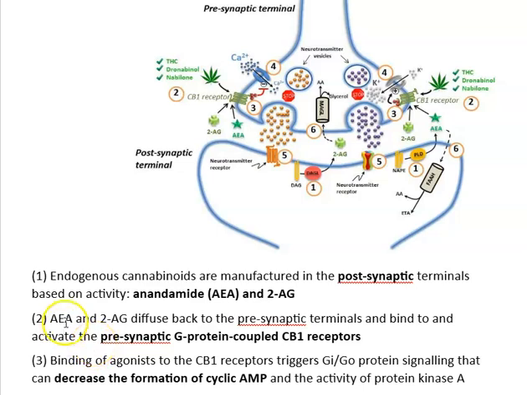They're going to bind these CB1 receptors, and they're going to do a few different things. After they're made, they diffuse back to that presynaptic terminal, and they're going to bind and activate the CB1 receptors, which are G protein coupled receptors. You can see they have the classic G protein 7 transmembrane domain structure.